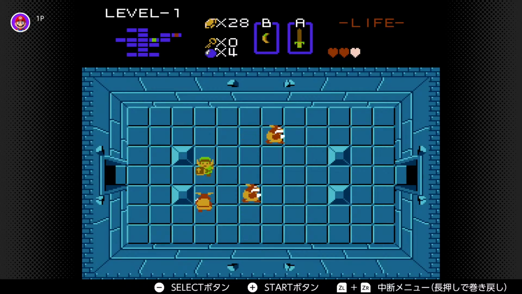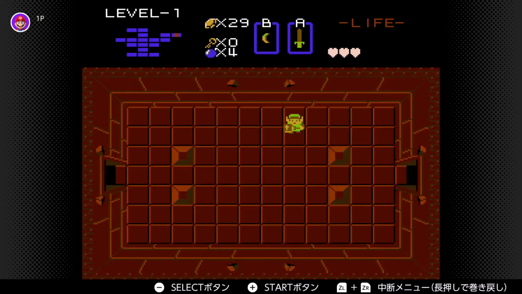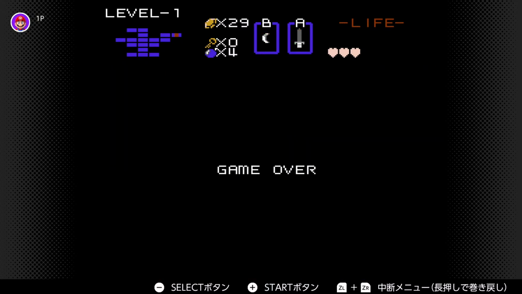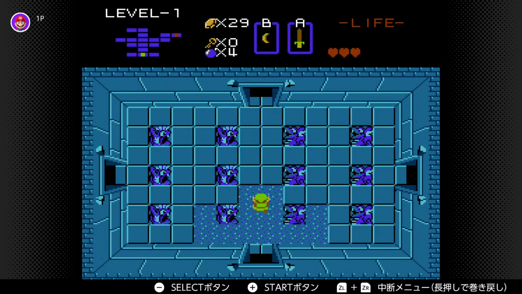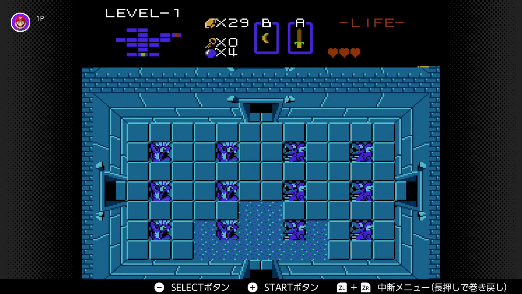Maybe the gorillas. Be so kind. Nope, a rupee. Oh boy, wasn't oriented well enough. Yep. Well, that's a different way to recover all your health. Okay, let's be careful this time.